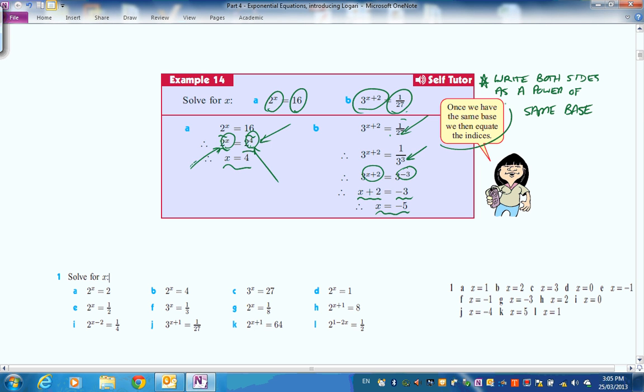And then once we have the same base, this little dude here is saying we then equate the indices or powers. Alright, so can you have a go at these? The answers are over here. Now check your answers as you go so you don't perpetuate a silly mistake. I want you to pause the presentation now and have a go.